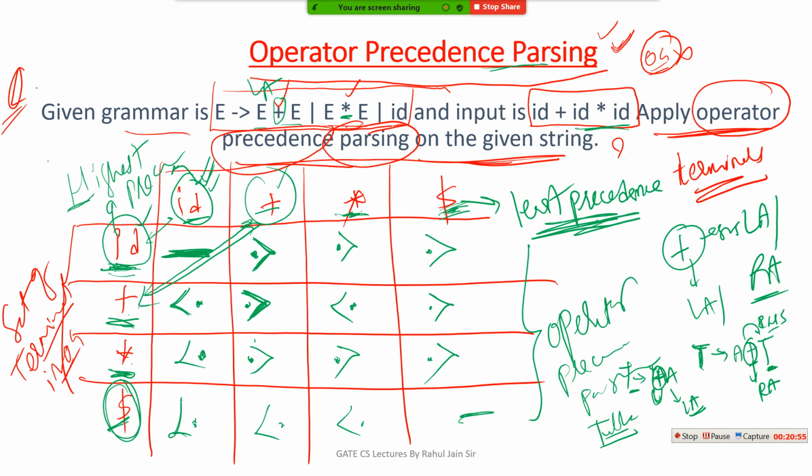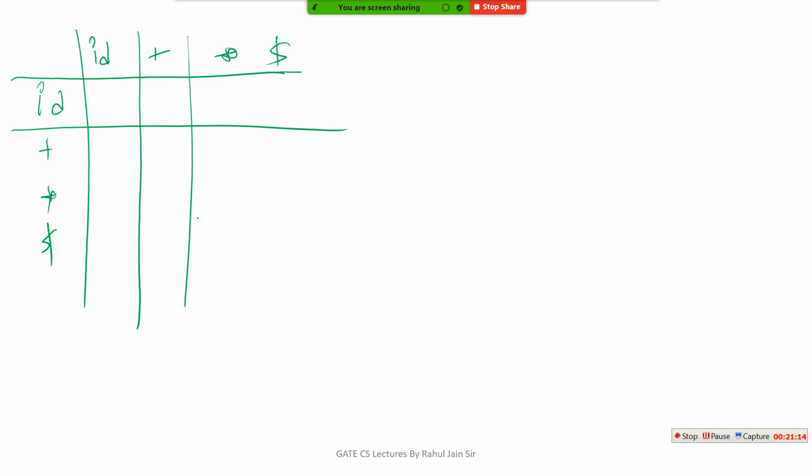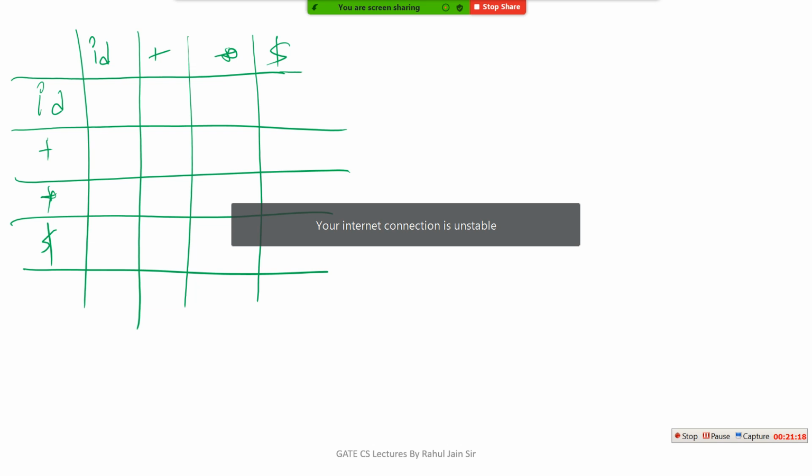So now we have constructed the operator precedence parsing table. I am again writing it here: ID, my plus symbol was there, multiplication, dollar, and again I am writing here ID, plus, dollar. The order of writing these terminals may vary, but precedence will not vary. So ID and ID don't have any comparison.